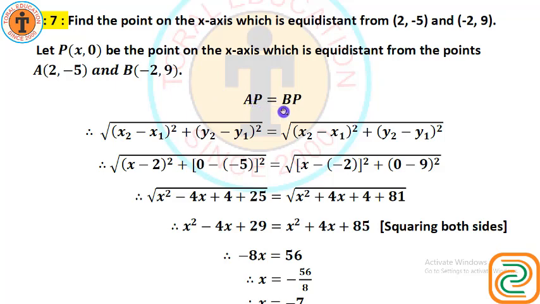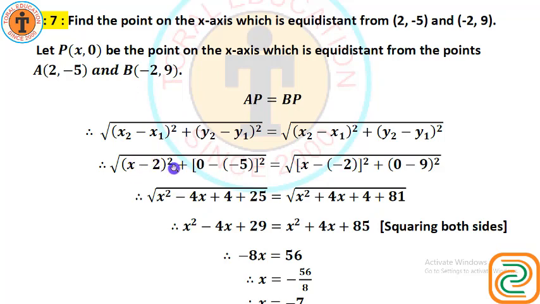So, AP equals BP because they are equidistant. Here AP equals BP. We have taken P as (x, 0), so AP: 2 minus x, or we can say x minus 2 whole square, 0 minus minus 5 whole square. Similarly, x minus minus 2 whole square and 0 minus 9 whole square. Right?